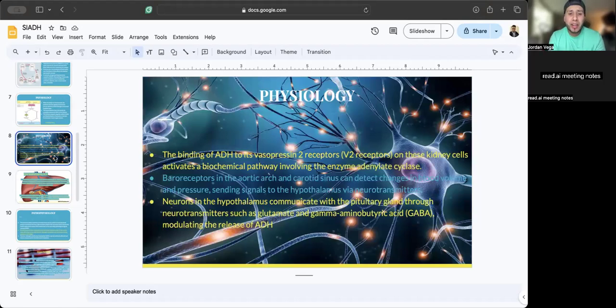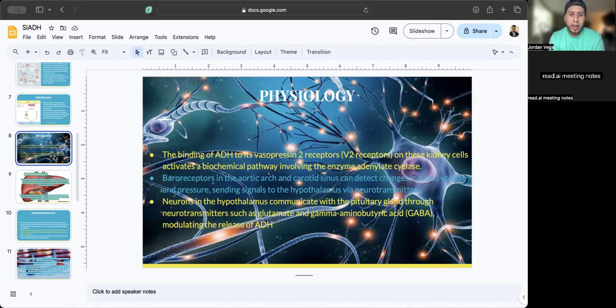The binding of antidiuretic hormone to what's called vasopressin 2 receptors, or V2 receptors, on the kidney cells activates a biochemical pathway involving an enzyme known as adenylate cyclase. I believe I'm pronouncing it correctly.